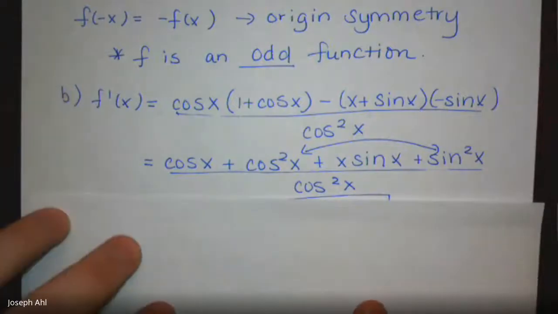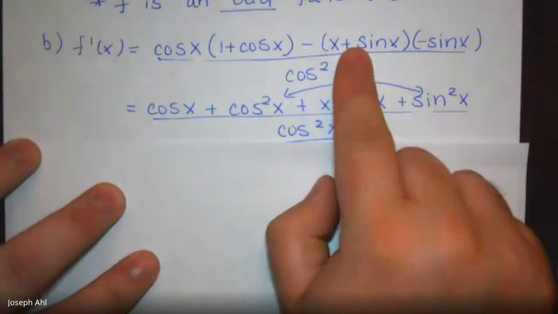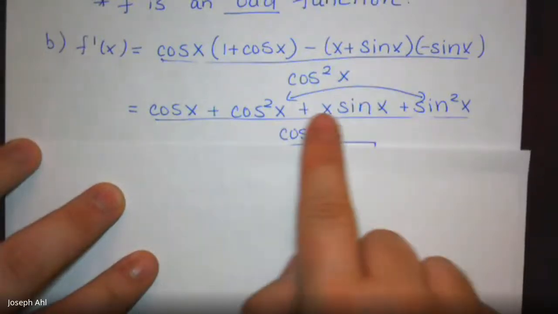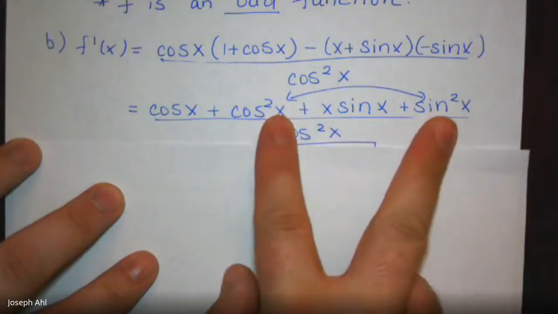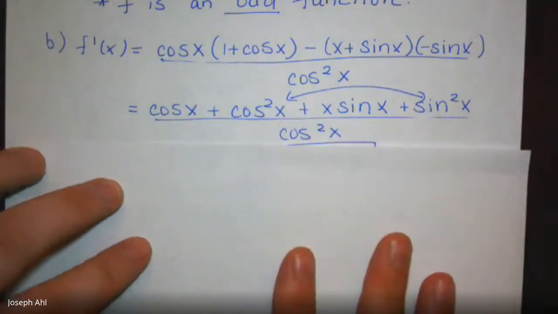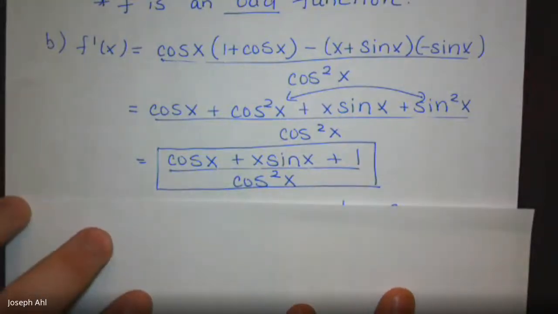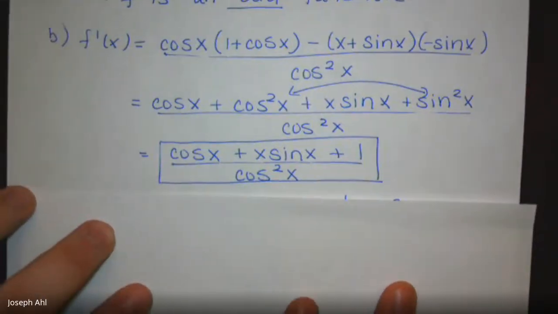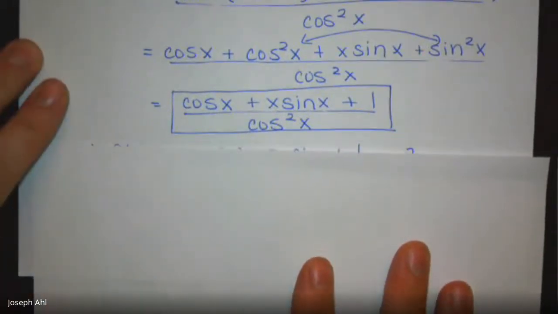All right, so distributing the cos here and distributing a positive sign into this eventually gets you this up in the numerator. And hopefully you're recognizing that you can combine sine squared plus cosine squared into 1. So here's what we found for the derivative. Cos plus x sine x plus 1 over cos squared when completely simplified.